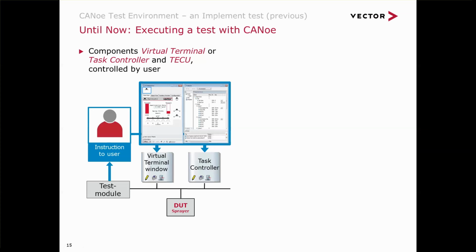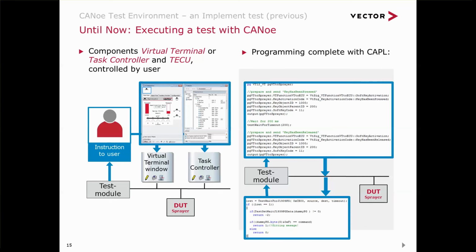On the other hand, we could program all the behavior with CAPL. But this is a high programming effort, and so I will show you the next concept in the next chapter. But first, we switch to CANoe, where I show you exactly that behavior.